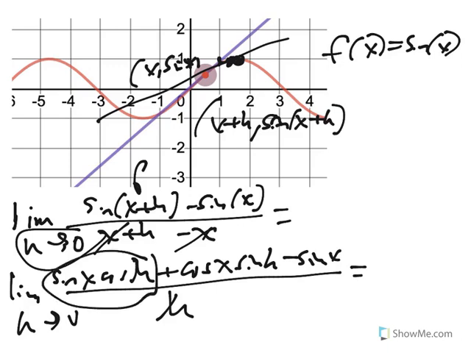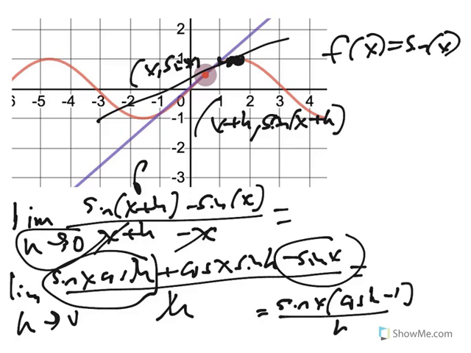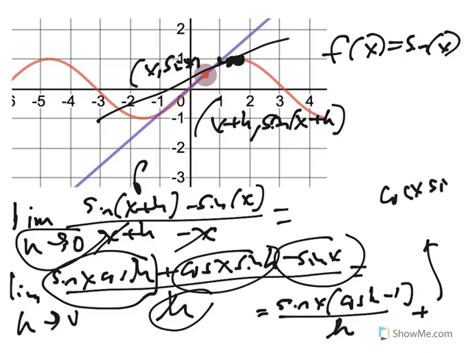We group this and this together, and we factor out the sine x from it, so we get sine x times cosine h minus 1 over h, and this term goes over the h also, plus cosine x sine h over h.